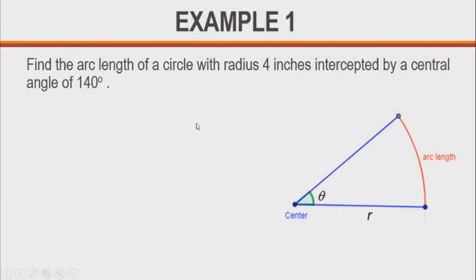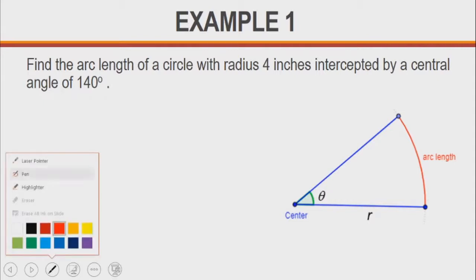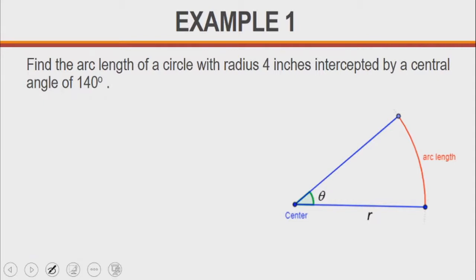So let's look at example number 1. In this example, we are asked to find the arc length. We don't know the arc length when the radius is 4 inches and it's intercepted by an angle of 140 degrees. So theta is 140 degrees. The arc length is r theta, but theta has to be in radians, not in degrees.